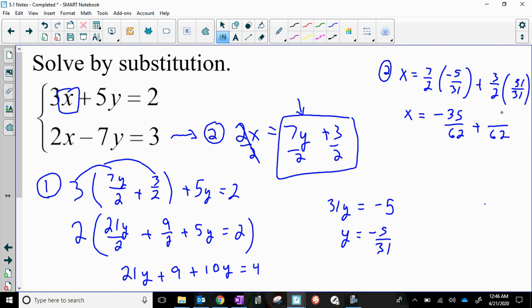Get a common denominator here. So I'm getting the x coordinate is 29 over 31, and the y coordinate is -5 over 31.